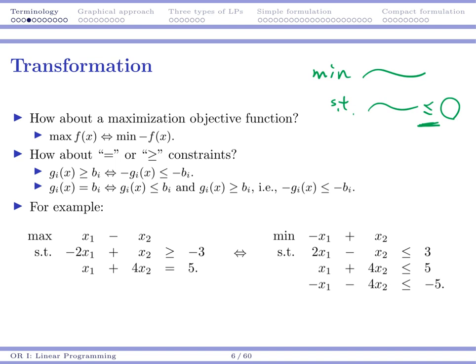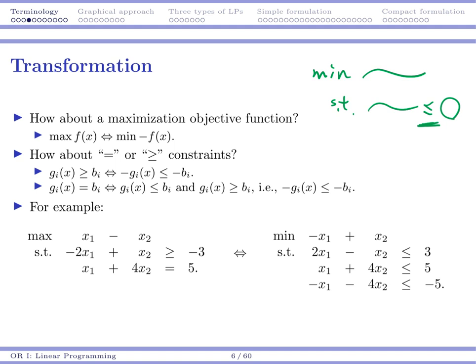This is because if you have a maximization function, if you want to maximize your total revenue, mathematically it is equivalent to minimize the negation of your total revenue. Okay? So you don't need to study how to solve maximization problems technically. You just need to learn how to solve minimization problems because all the maximization problems may be reformulated as a minimization problem.